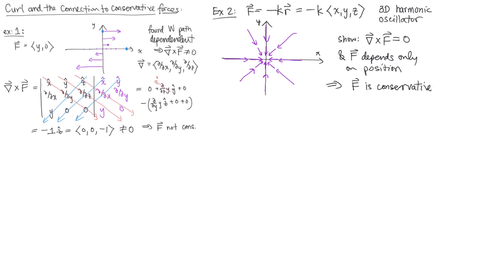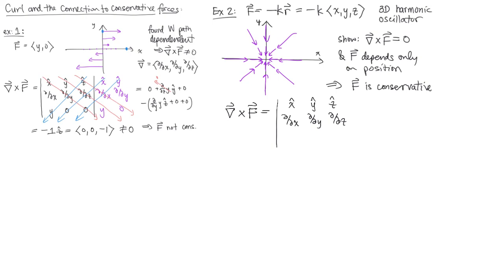Okay, so let's actually do the curl part now. It's the same deal as before. We'll look at the cross product, which we can think of as the determinant of this matrix.